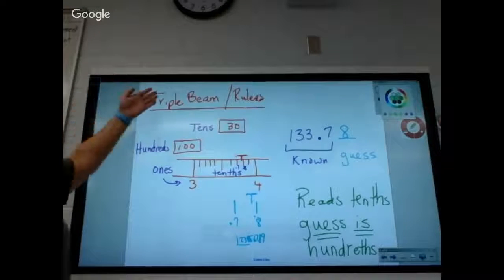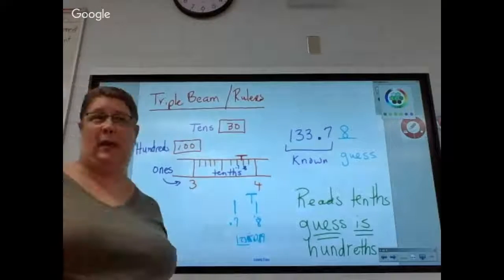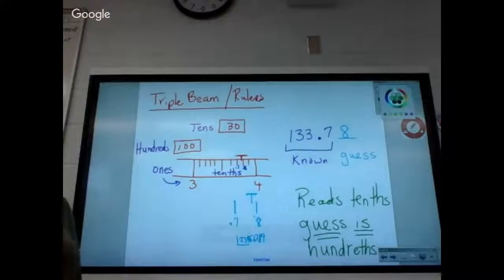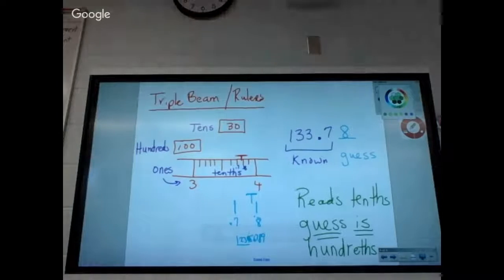So the triple beam balance and the rulers are going to read the tenths place. Your guess has to be where tomorrow? In the hundredths place. Now, not every piece of equipment that we have in this building reads to the hundredths place. Two pieces you're going to use tomorrow don't do that. Everybody caught up with me?